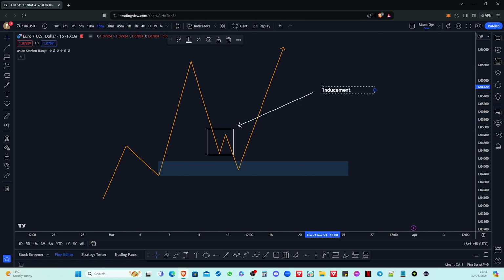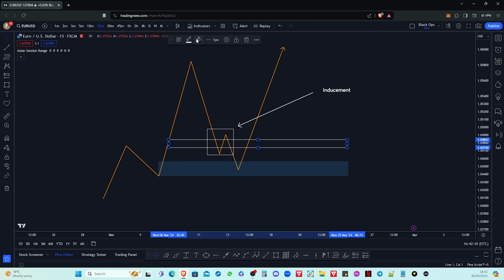This is something that ICT himself has talked about quite often. Essentially it's when price is moving towards a POI, and then it induces buyers into the trade early. You might even have a POI over here, but then you get that inducement.